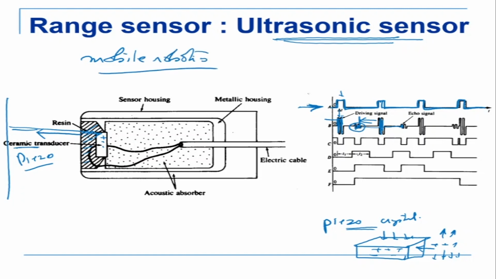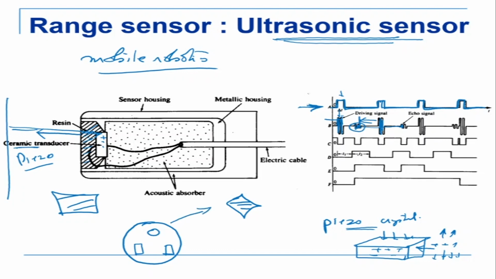In mobile robotics, this is very commonly used, where we have a mobile robot going around and there are obstacles. It has to avoid these obstacles and go somewhere. So let's say this is a mobile robot with two wheels, differential drive. Two wheels are driven, and it goes towards the obstacle. There would be ultrasonic sensors.